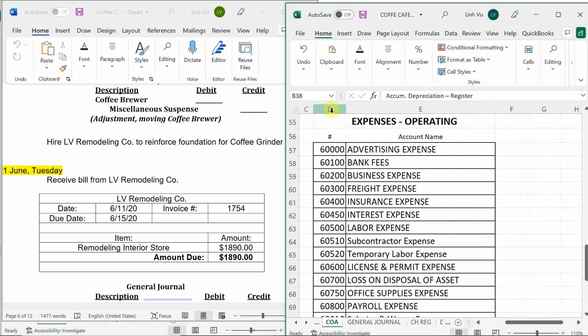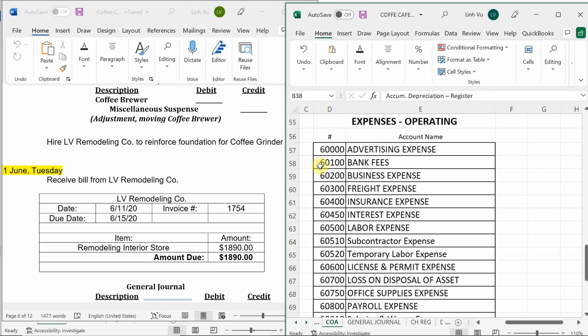Let's see. Obviously, it's not advertising. It's not a bank fee. It could be a business expense because once again, we remodeled the business for the business. Let's see. Freight expense, no, it's not inventory.